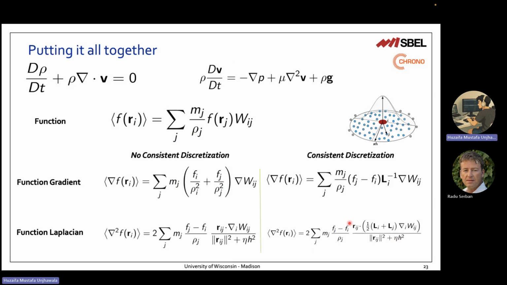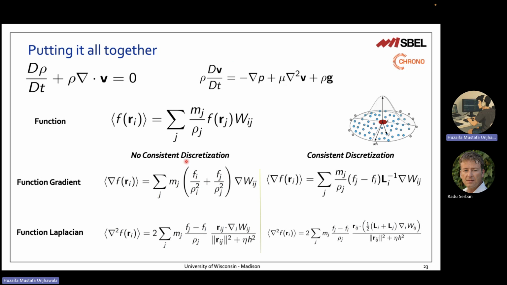Okay, so putting it all together, I would recommend to start from the top. So we had these continuous partial differential equations. We found a way in SPH to approximate a function, and this approximation, as I said, has something you have to deal with, because you have to choose the kernel length such that you make sure that you have enough points but not too many points, because one error will go up and the other will go up otherwise.